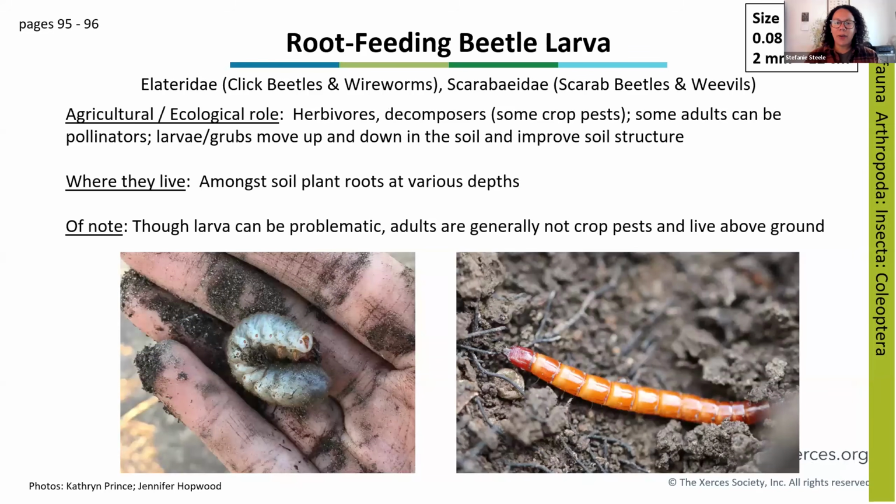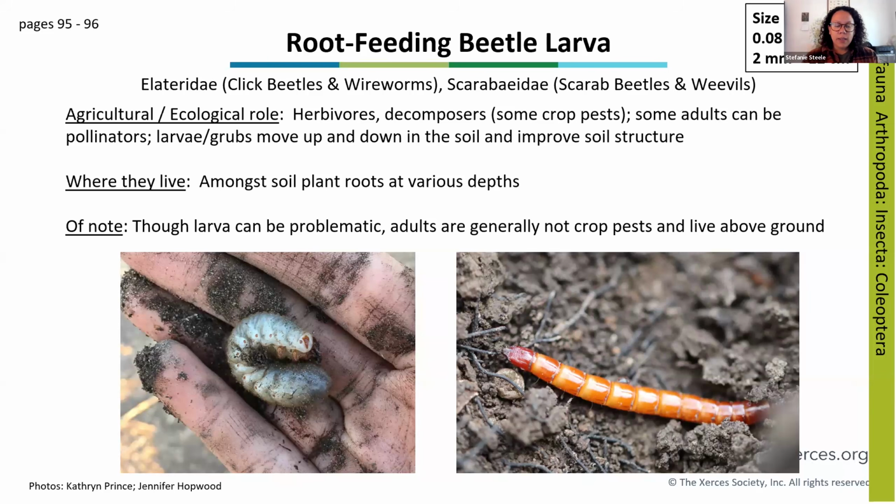All right, and so now I want to highlight another group of ground beetles, but focus on their larvae. These are root-feeding beetles, such as click beetles or their wireworm larvae that we see shown in the right photo. Also scarab beetles, like these C-shaped grubs shown on the left, and weevils.